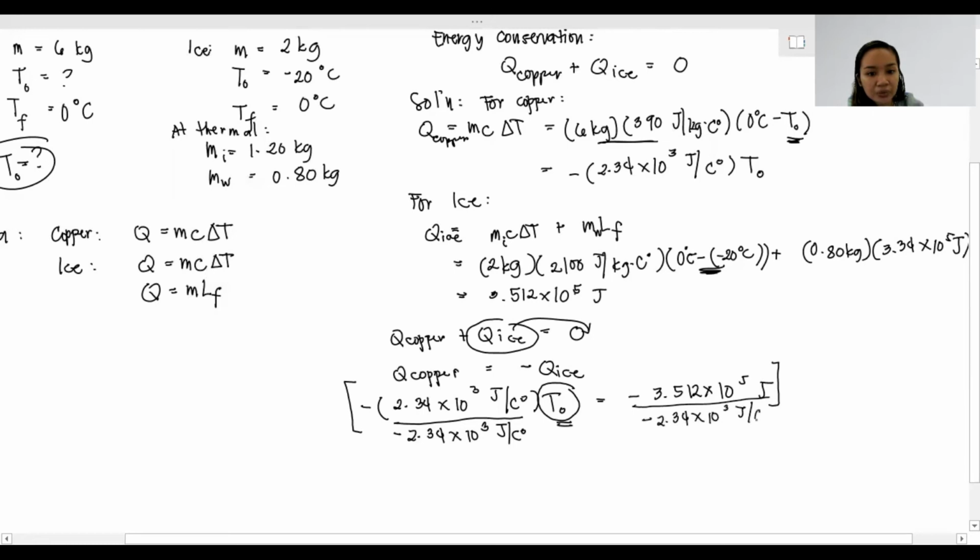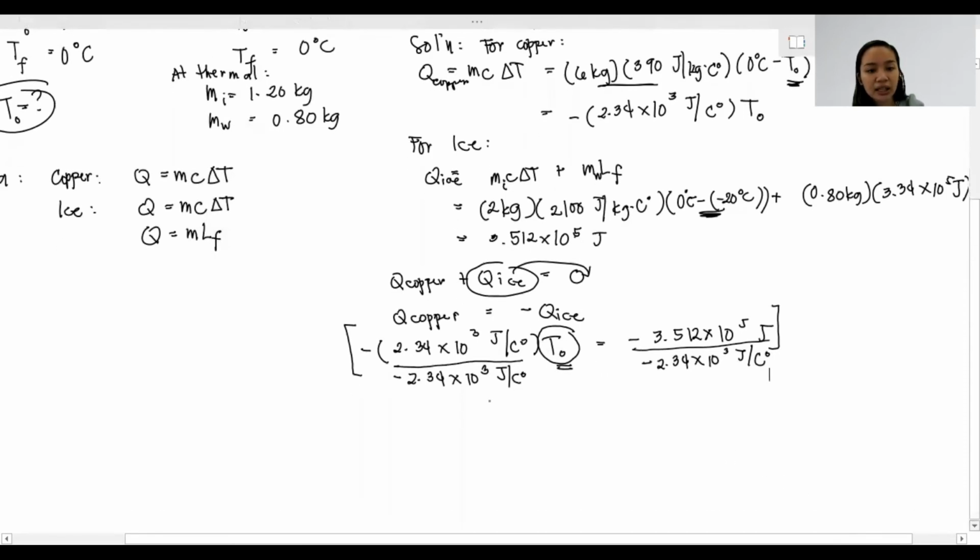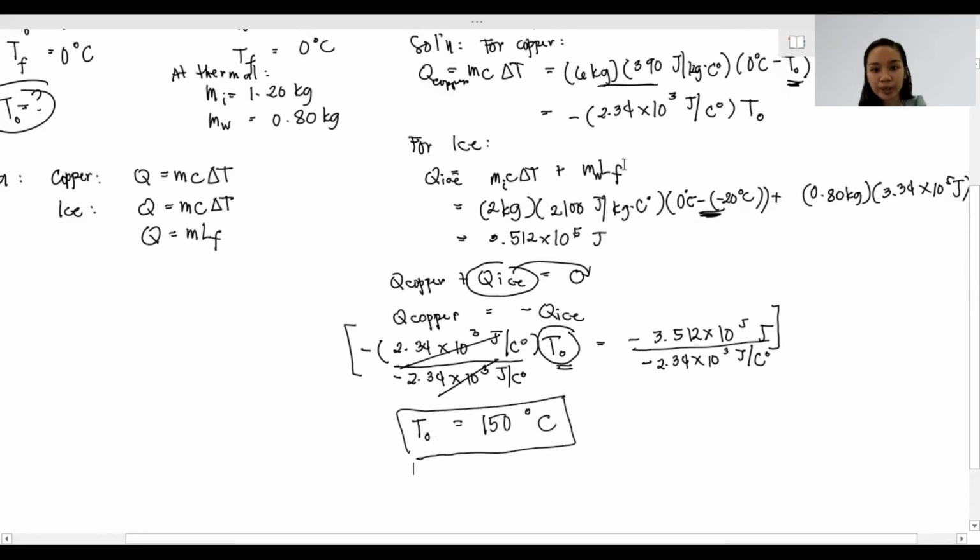So para yung maiiwan na lang o yung matitira is the T naught, or the initial temperature, which yung hinahanap natin sa problem. So cancel out. We have now T naught is equal to negative divided by negative, that will give us positive. So this is actually 150 degrees Celsius. Now this is our final answer for this problem.